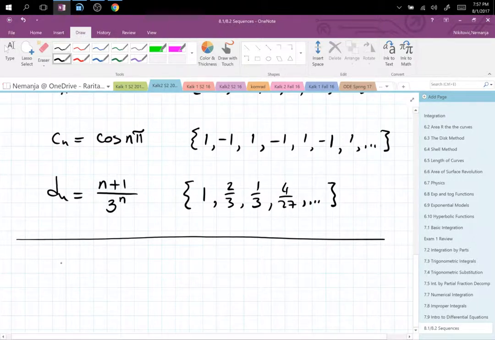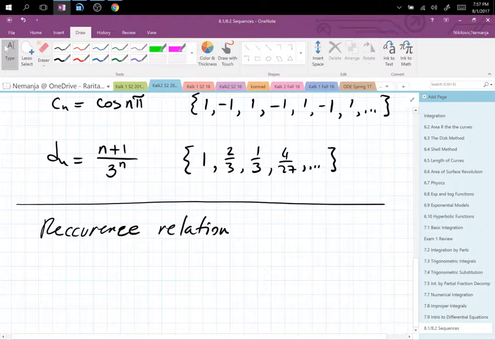So recurrence relation is some kind of a function which includes a_n and then maybe a_(n-1), a_(n-2), and so on.